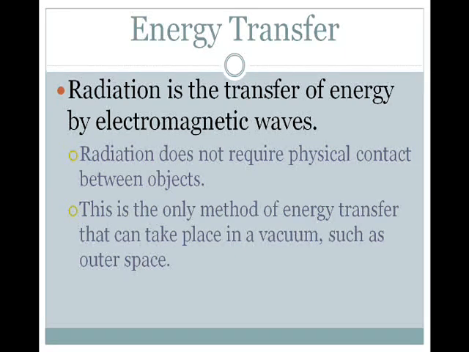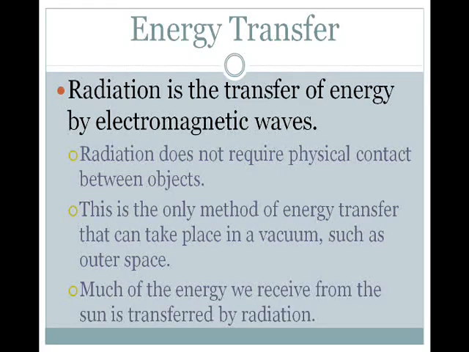So this is the only method of energy transfer that can take place in a vacuum, such as outer space. In outer space, conduction and convection cannot occur, but radiation can. Much of the energy we receive from the sun is transferred by radiation. So when we're feeling the warmth of the sun when we're standing outside, that's an energy transfer by radiation.